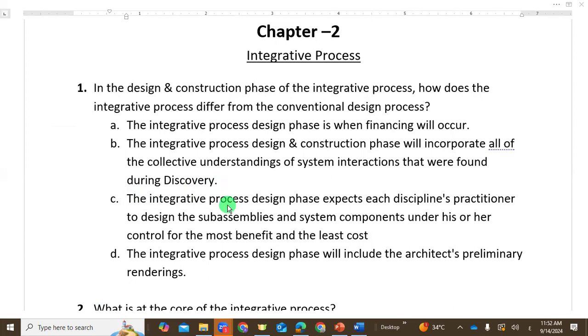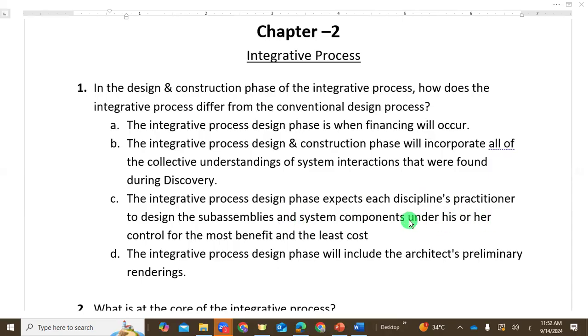So let's read C. The integrative process design phase will expect each discipline practitioner to design assemblies and system components under his own control for the most benefit and the least cost. They're giving you wrong with correct information. In the questions here they always focus on the meaning of the integrative process and the meaning of systems thinking. If you understand, you will answer.